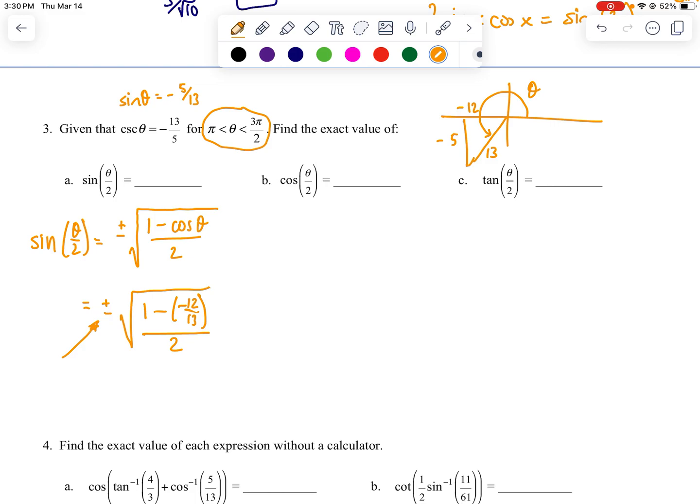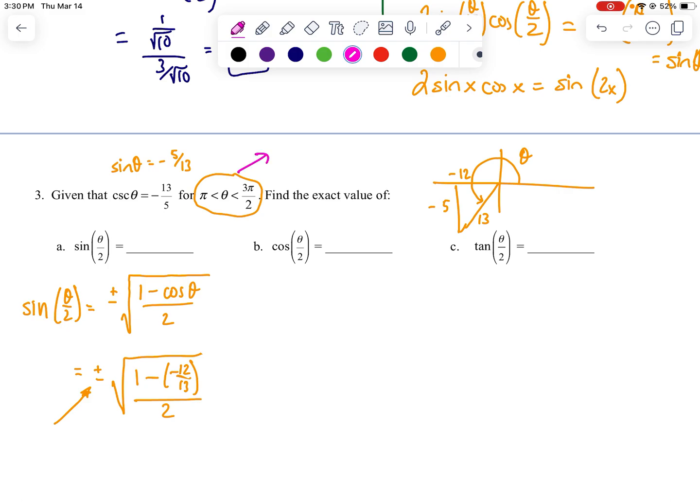What we have to be careful of here is that what we have drawn a picture of is the angle theta, but what we're evaluating is theta cut in half. So if I took this angle theta that's down in quadrant 3 and divided it by 2, what's going to happen? If I take this inequality and divide theta by 2, I would also be dividing pi by 2, and dividing 3 pi over 2 by 2, which gives me 3 pi over 4.